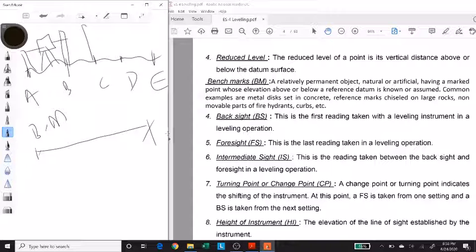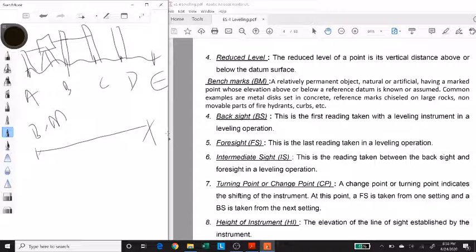Then I take a reading at the point C, that could be my intersight, but then I see that it's difficult for me to view the staff or take the reading at the point D because it might be too far away or there is some obstruction that is blocking my view.